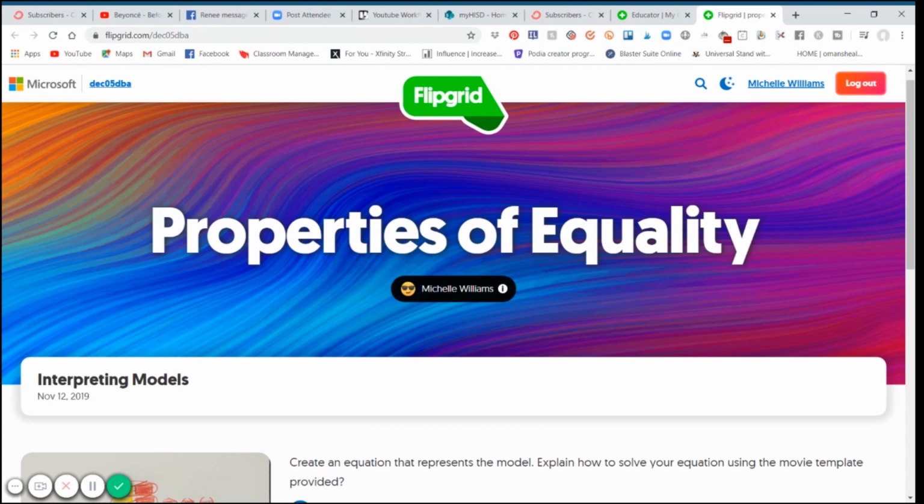And the last one is, does it actually speak to how I want to present my content or how I want the students to present their content? And does it give me the information that I need on my students to make the instructional decisions that I need to make to move them forward?